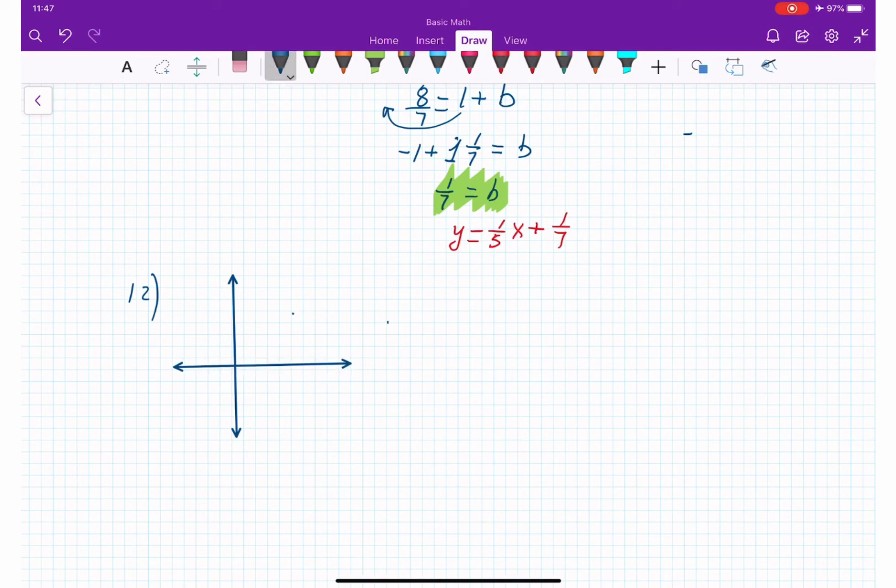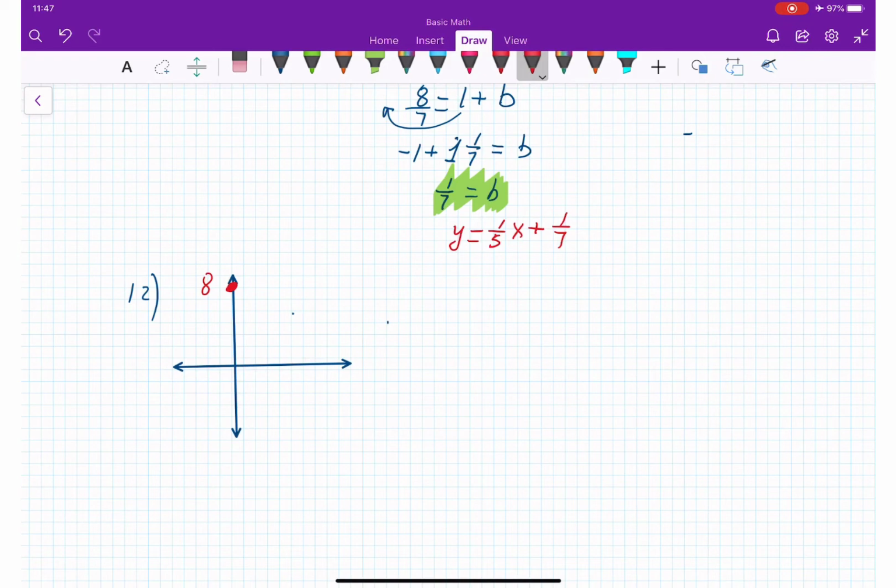Second one. Okay, if this is 8, assuming one point is here, marking down, it's given these 2 points to use. This is 8, let's say, and the other point is 5 and 6.